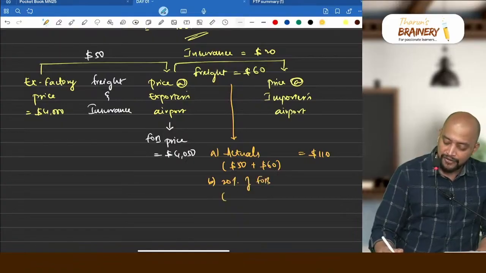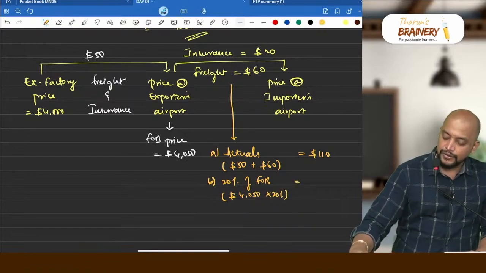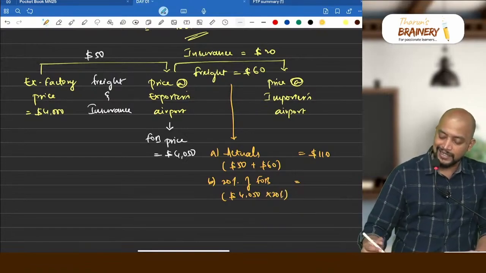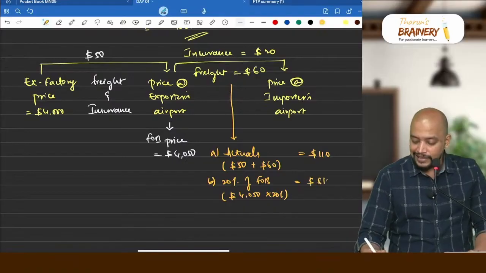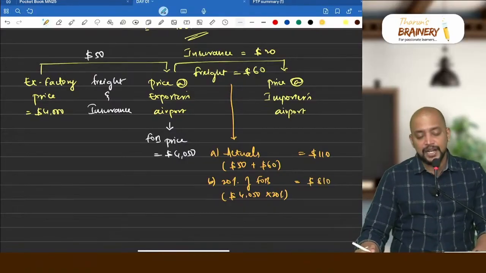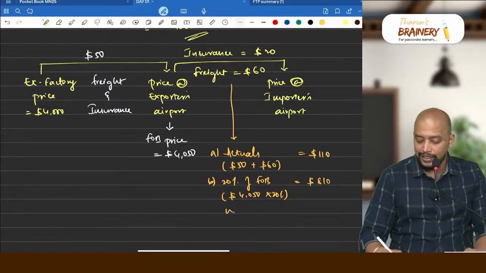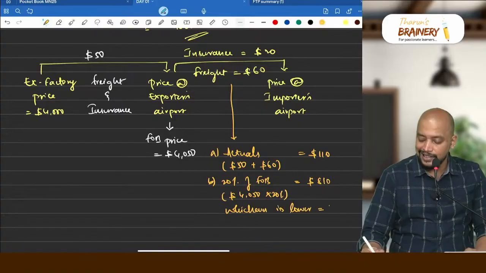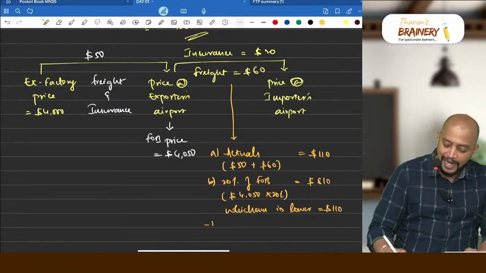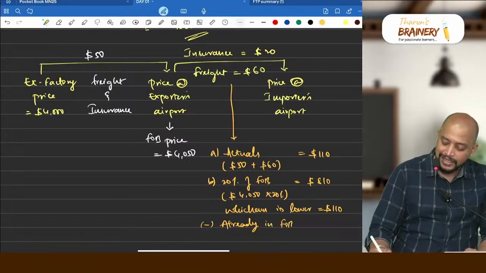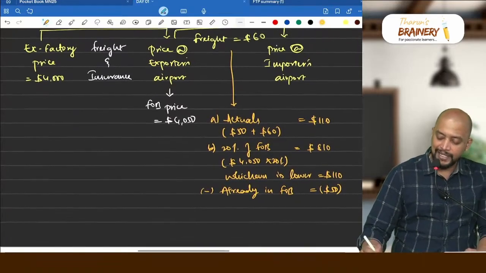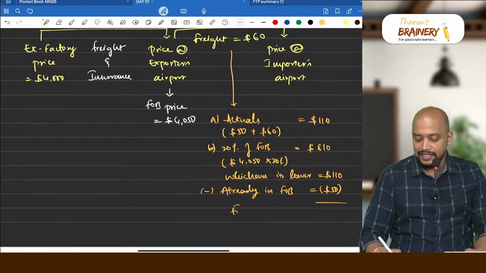What is 20% of FOB? 4050 into 20% will be 810. So actuals or 20% of FOB, whichever is lower. Whichever is lower is 110, minus what is already considered in FOB, $50.